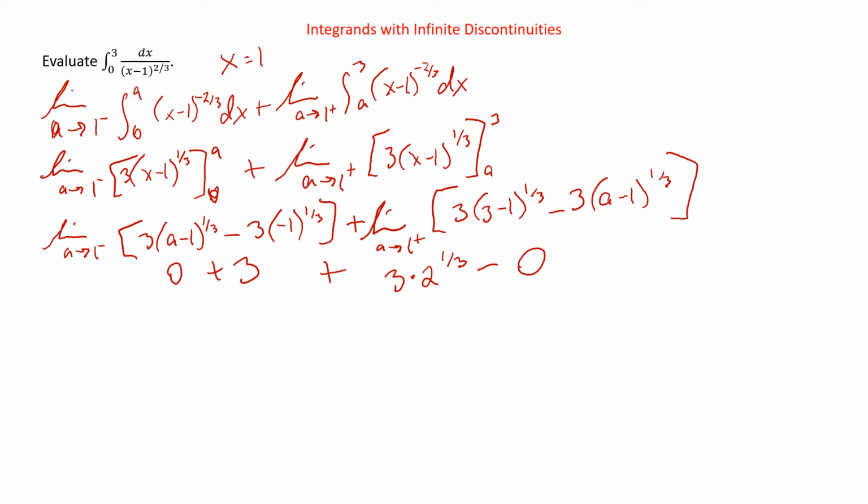So we have 3 plus 3 times 2 to the 1/3, which is just what it is. 2 to the 1/3 could also be the cube root of 2. So 3 plus 3 times 2 to the 1/3, or 3 plus 3 times the cube root of 2, means the same thing.